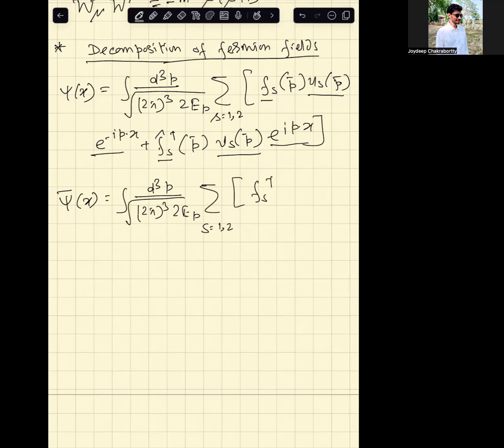So now the projection, so the dagger of that, F_s dagger of p, ū_s dagger will be there because of the gamma 0, so that becomes your ū_s. It becomes ū_s, F_s dagger of p, plus d_s of p, v̄_s of p, e^(−ip·x). Okay.